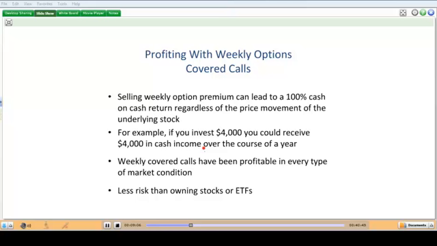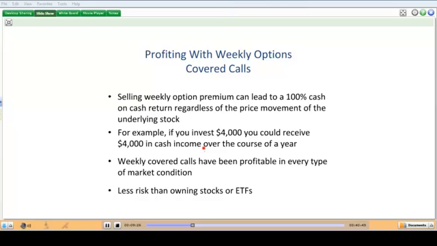And what I do, with these weekly covered calls, is if I buy a stock or an ETF, I just hold that stock or ETF in my account. And then every Friday when the weekly option is expiring, I close out that weekly option, and then I sell the next weekly option.